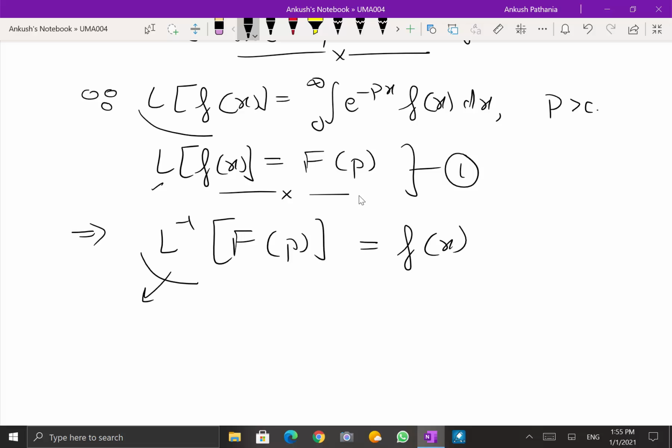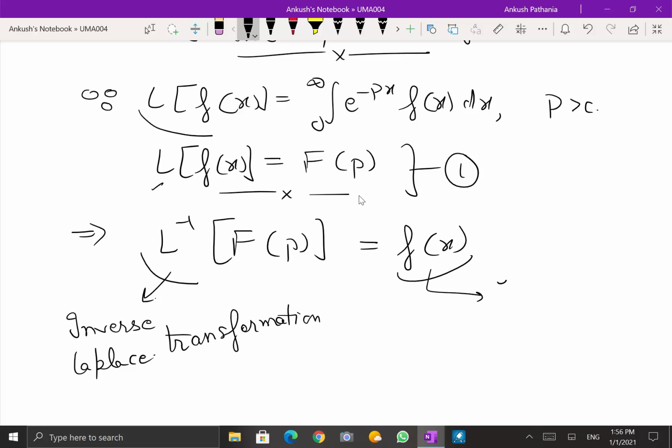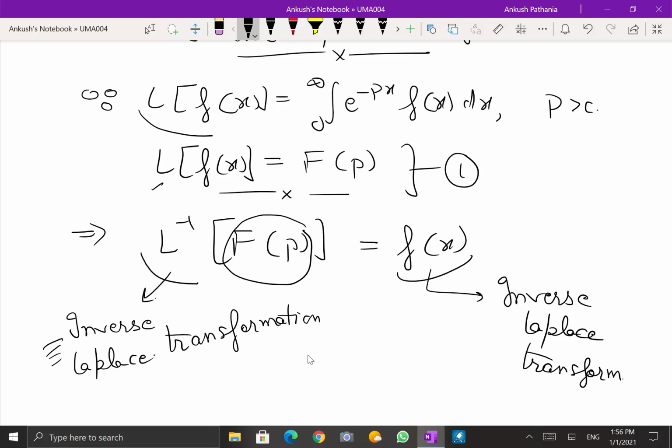This Laplace inverse is called the inverse Laplace transformation, and the result is the inverse Laplace transform. It is basically the opposite of what we did in the Laplace transform. It is an operation which, when applied on F(p), will give you the function f(x), and this f(x) so obtained will be the inverse Laplace transform of F(p).